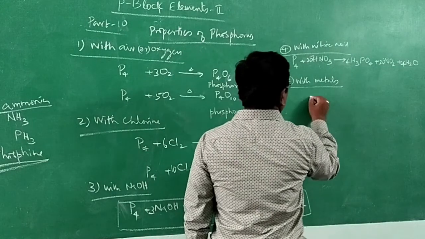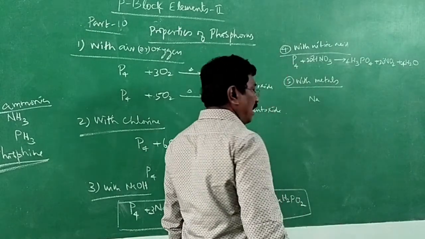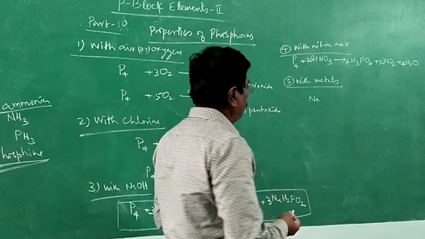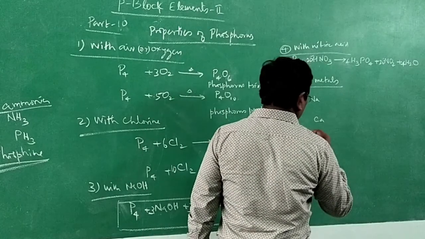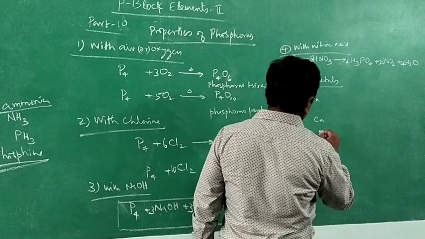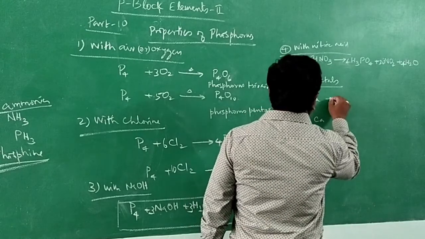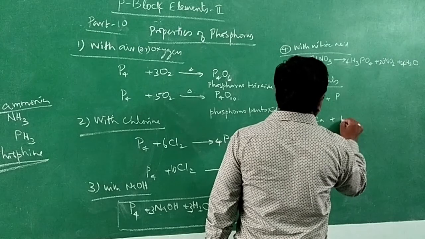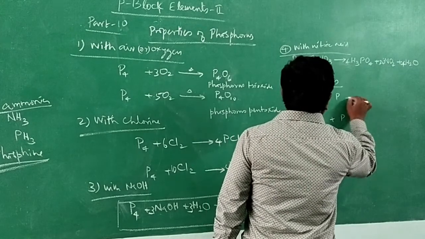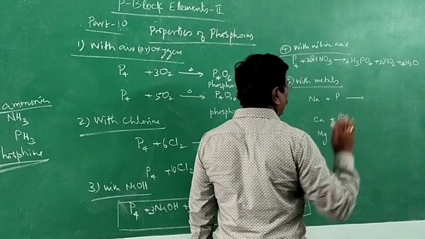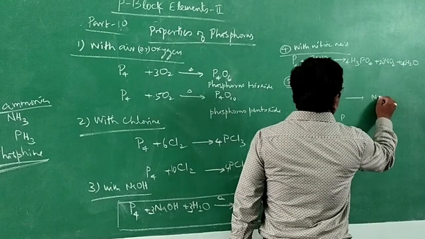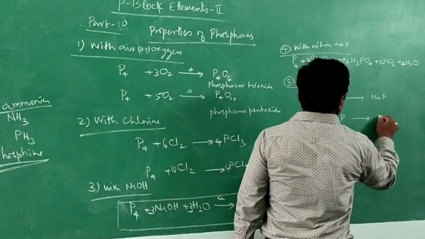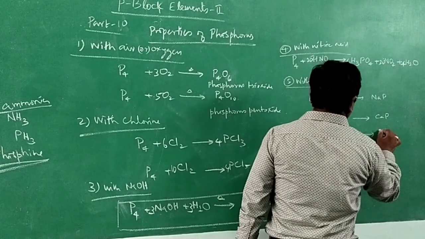Let us take sodium, an alkali metal. Alkaline earth metals: beryllium, magnesium, calcium, strontium, those things. With those, we get the corresponding phosphide, nothing else. With alkali metal, the reaction will be vigorous. It forms sodium phosphide, NaP, calcium phosphide, CaP, magnesium phosphide, MgP.